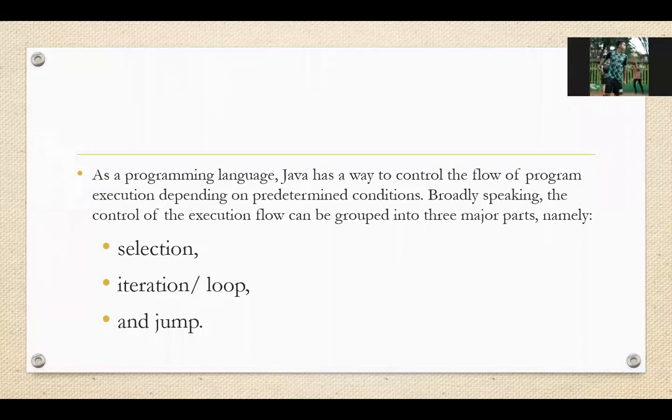So there are three major parts, namely selection, the second one iteration or looping, and the third one jump. Today, I will only discuss two parts, which are selection and iteration or loop, and I will not discuss the jump control flow in this section.